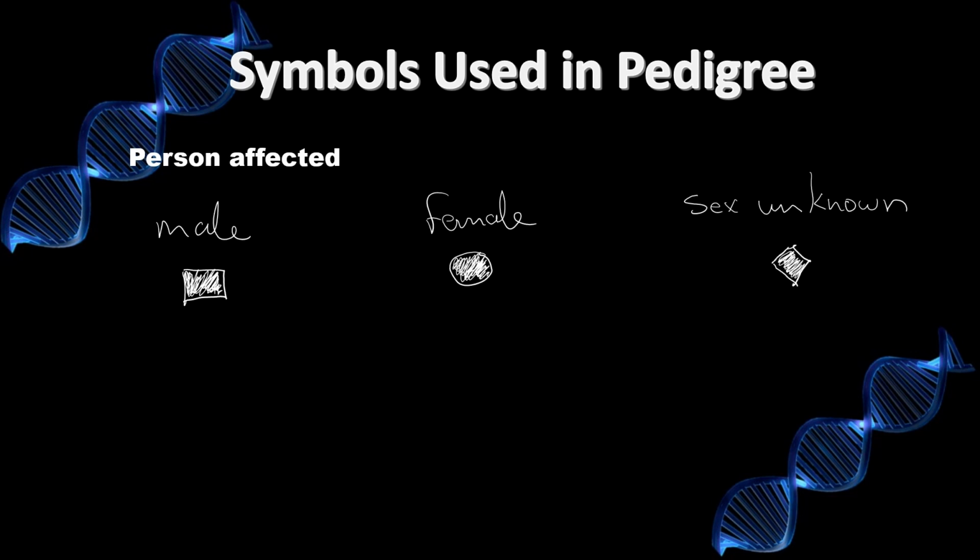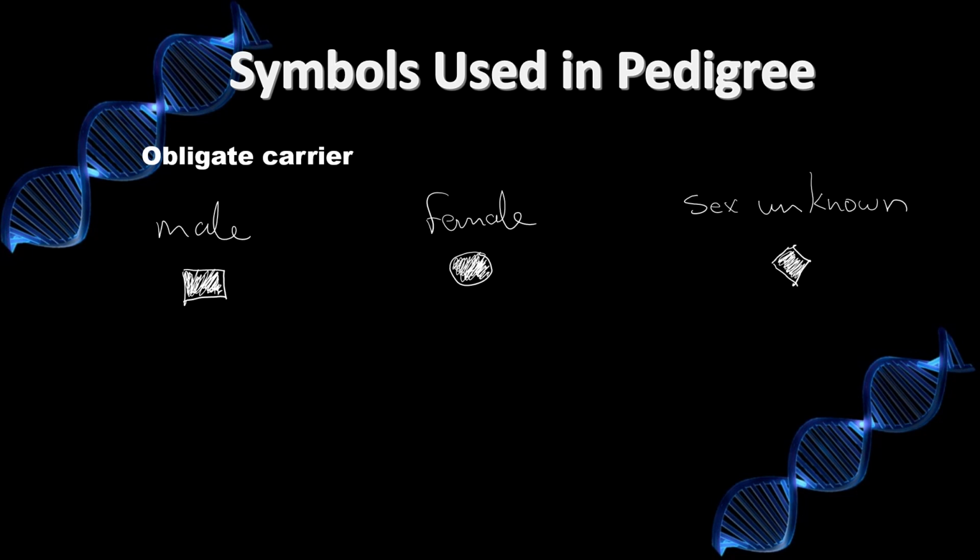Okay, now we can move to the next character, that is an obligate carrier. The obligate carrier means the person carries the gene but does not have the trait. These people will have the gene but they are not having the trait.